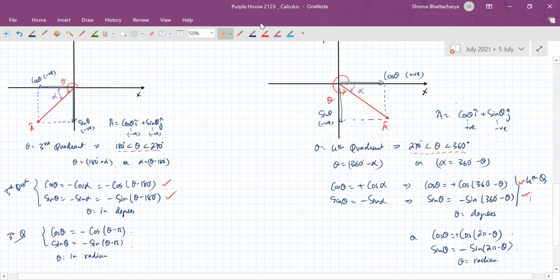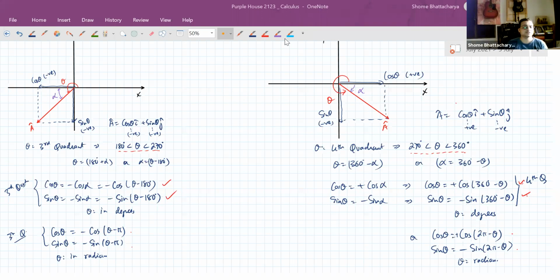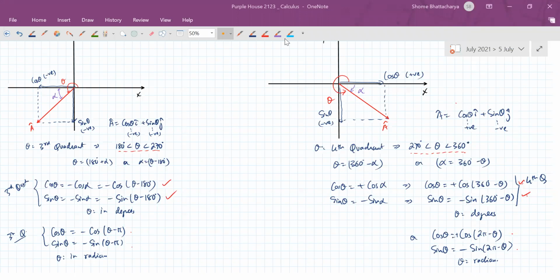I have a doubt in what you have written. In the fourth quadrant, you have written minus sine of 360 minus theta. But 360 minus theta will be minus theta, so it will be minus of minus sine theta. No, no. 360 minus theta is not minus theta. 360 minus theta will be an acute angle here, because remember, theta is between 270 and 360.